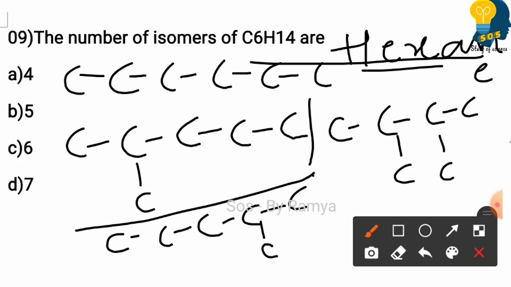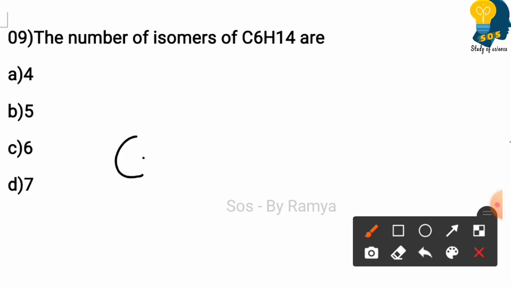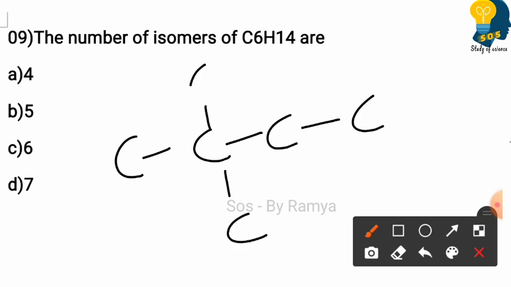So this is the fifth one, and for the sixth one I just take out this. So totally we wrote 1, 2, 3 and 4 types. The fifth type will be 1, 2, 3, 4, 5 and then 6. So totally 5 types of structures you can write.